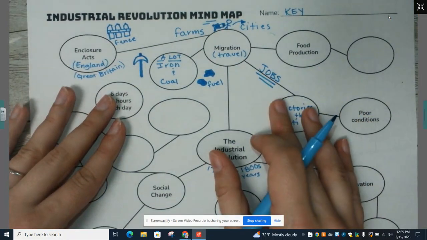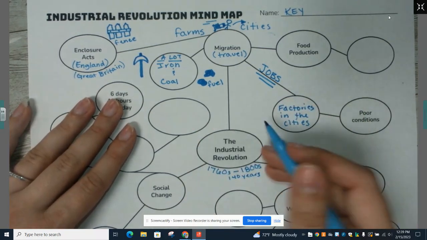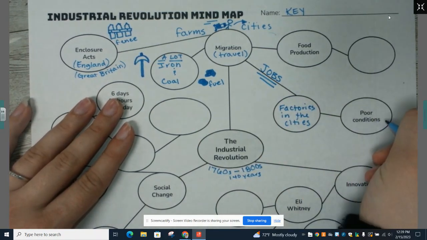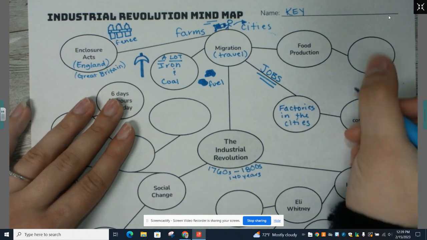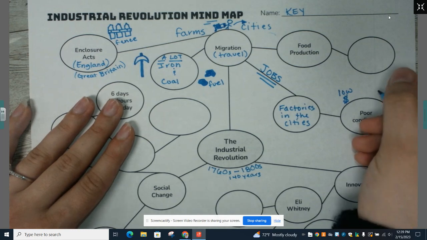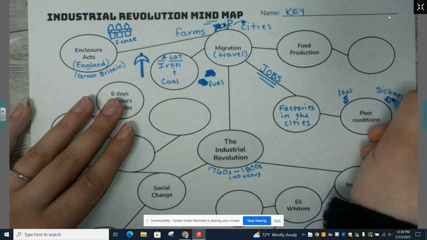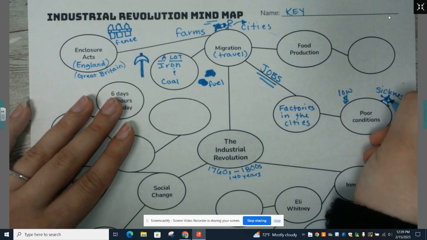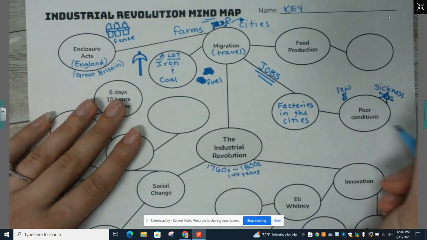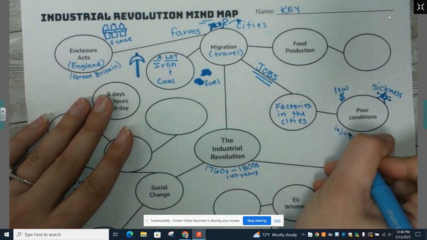And in these factories, the problem was, even though they were getting a job, which was great, the conditions or the situation was not great for them. Like they had very low pay. There was a lot of sickness. Like they had these little diseases going on. Everyone was getting sick. It was a little germ, okay? People were getting injured a lot.